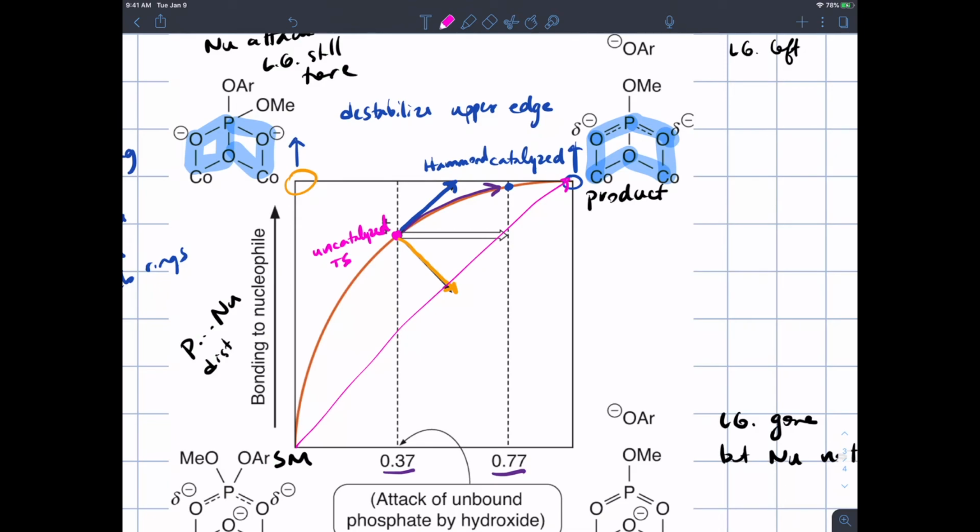I don't know the fundamental difference why that's the case, but as long as you remember, along the diagonal, I'm going to think about the Hammond postulate. Perpendicular to the diagonal, I'm just going to think about a little marble rolling around on a sheet, and the effects are going to follow that. Is that okay? All right. Cool. What else?